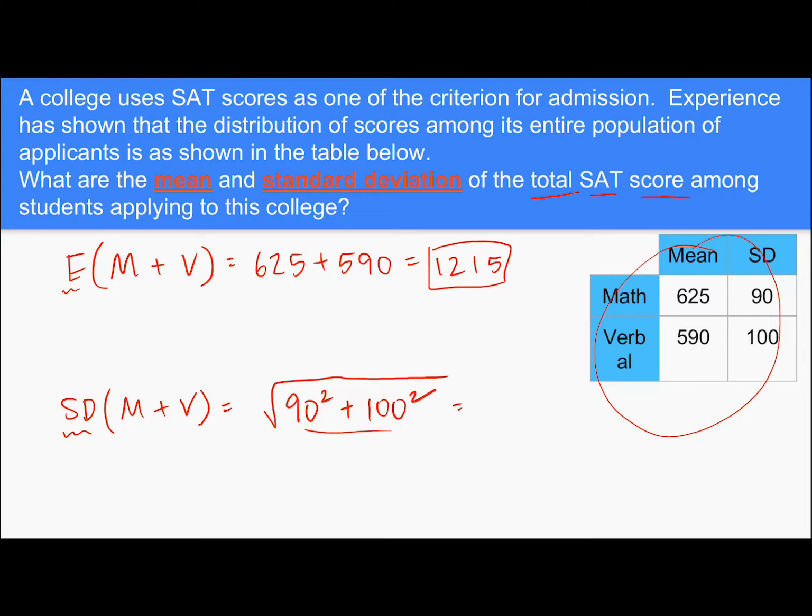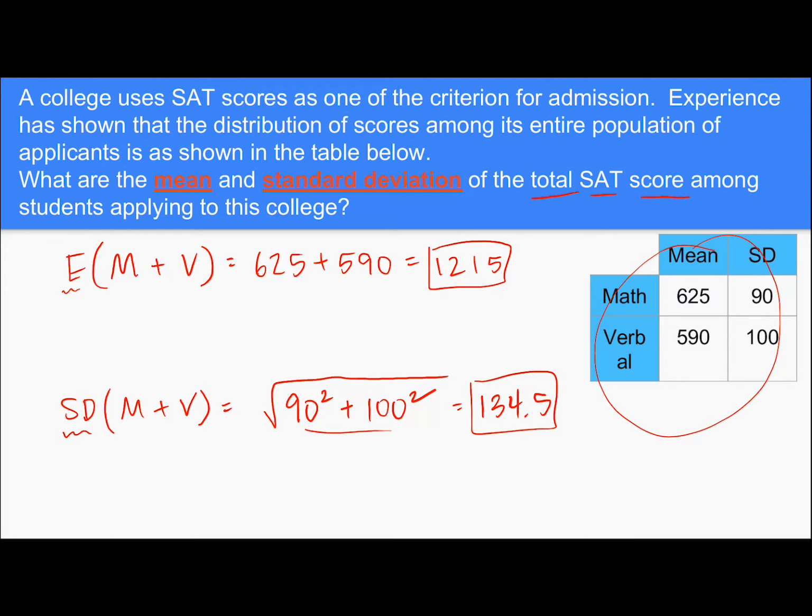I had called this the Pythagorean theorem of statistics because we can't just add standard deviations. So I'm doing a little math in my calculator, which would give me a standard deviation of 134.5. That would be our standard deviation.